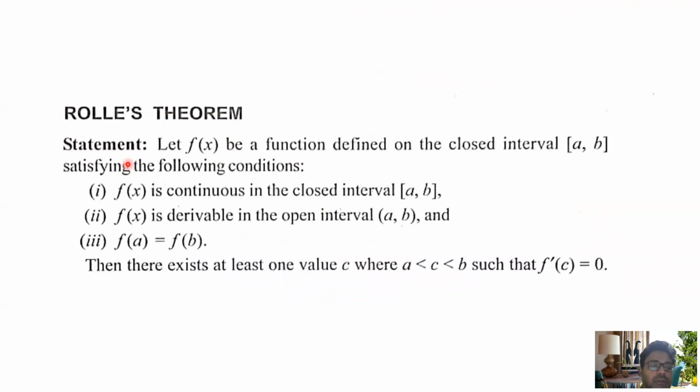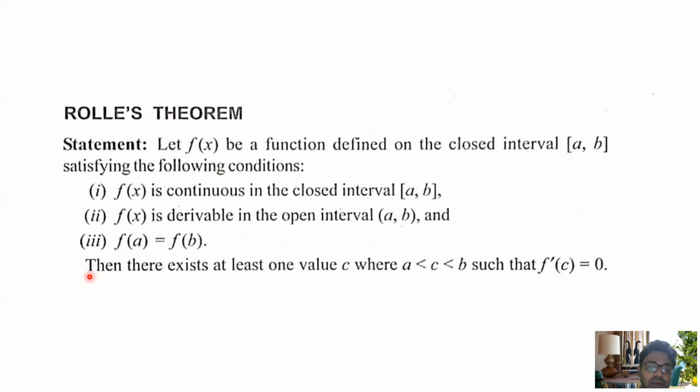Rolle's theorem, the statement is important. Let f(x) be a function defined on the closed interval [a, b], satisfying the following conditions: number 1, f(x) is continuous in the closed interval [a, b]; number 2, f(x) is derivable, means differentiable, in the open interval (a, b); and number 3, f(a) is equal to f(b).